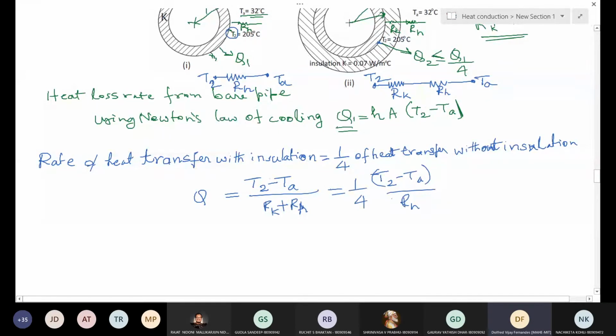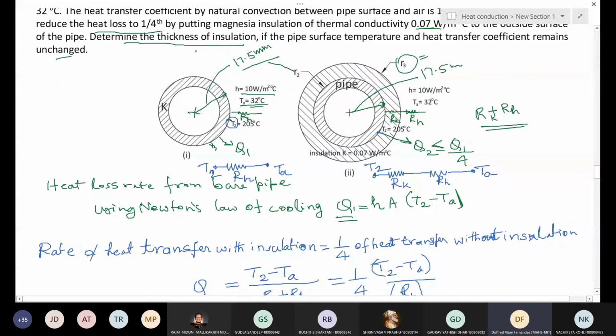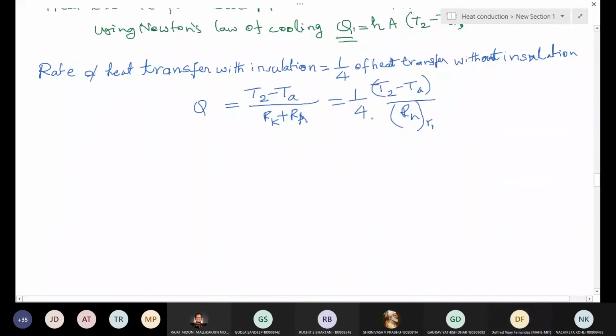Okay, but this RH is calculated with respect to radius R1. R1 is the outside radius I'll take. So that is R1 equal to 17.5 millimeter. Whereas, sorry, that is I think R2 only. In the problem it's mentioned R2. So let's take this as R2 and this as R3. So this is with respect to R2 and this is with respect to R3.